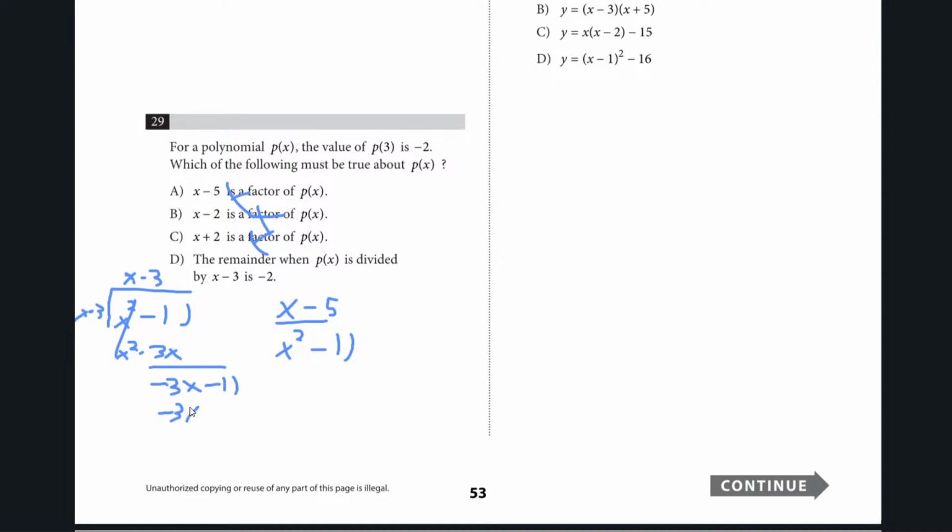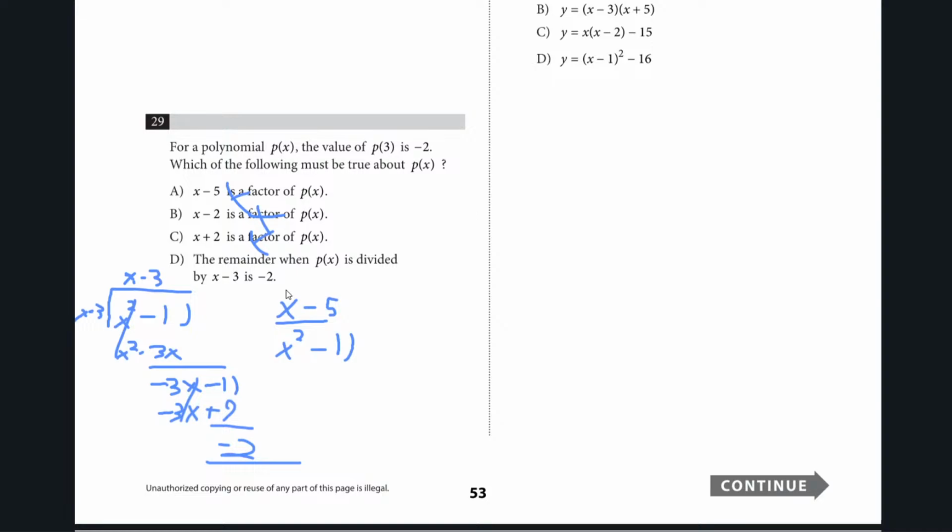It does have to be a -3x, and this becomes a positive 9. We do have to multiply by -3. We need to have the same value in order to be able to get rid of it. This is the same, and we're left with -11 plus 9, which is just -2. We have a remainder of -2. We can't really divide -2 by x minus 3. So it seems that when p of x is divided by x minus 3, the remainder is -2.